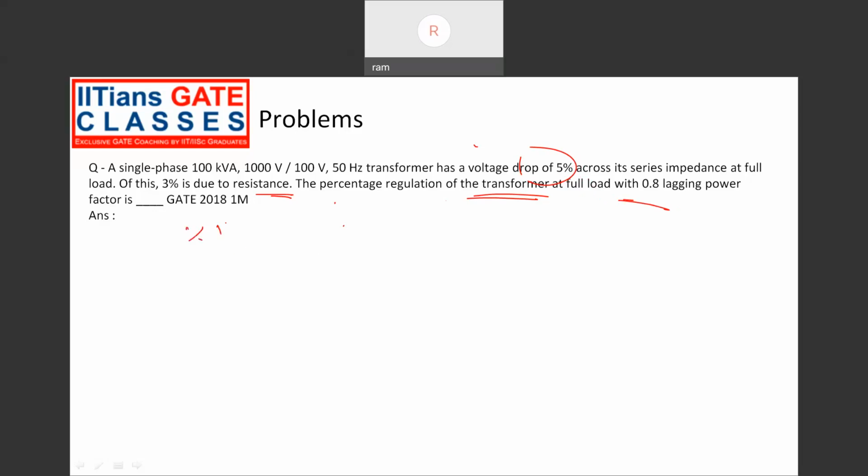Know that the percentage voltage regulation equals percentage R cos theta 2 plus or minus percentage X sin theta 2, but it is given as lagging power factor, so it is positive. Power factor means cos theta 2, that is 0.8. The resistance is 3%, impedance is 5%.